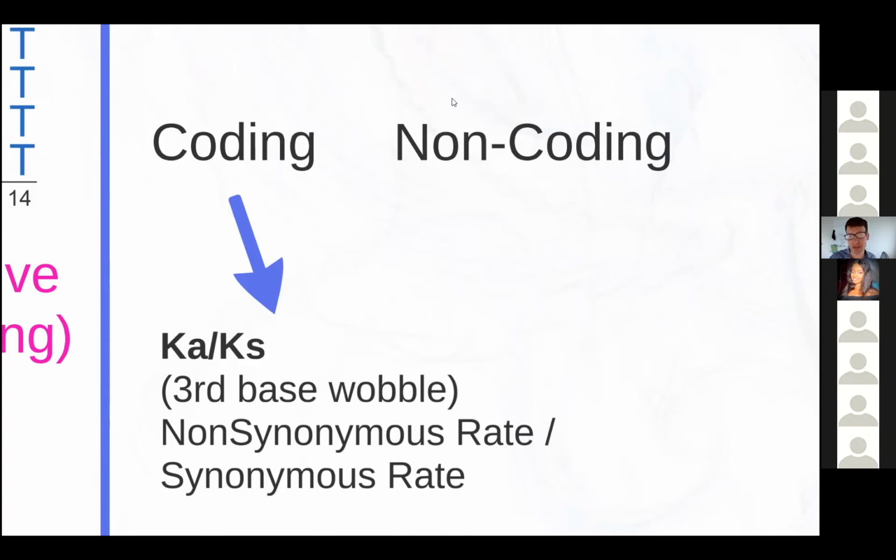Many years ago, people thought all the non-coding stuff wasn't so important, but now we know that tons of the non-coding genome is important. So I'll show you a way in a minute, but it's less trivial. Either way, this is how we're going to get our background, and to measure things like conservation, we need some null, some background model, and this is a quick way to think about how we're going to do it.